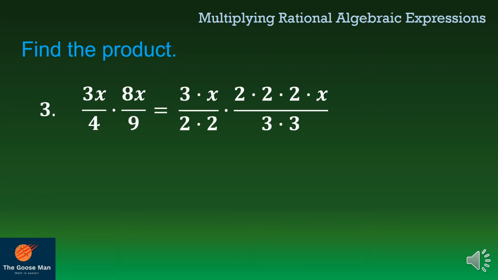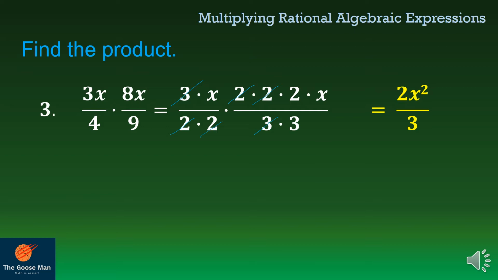Then, remove the greatest common factor between the numerator and denominator. So, 3 and 3. Then, I have here 2 and 2, another 2 and 2. So, what we have in the numerator is x times 2 times x. So, it will give us 2x squared all over 3.